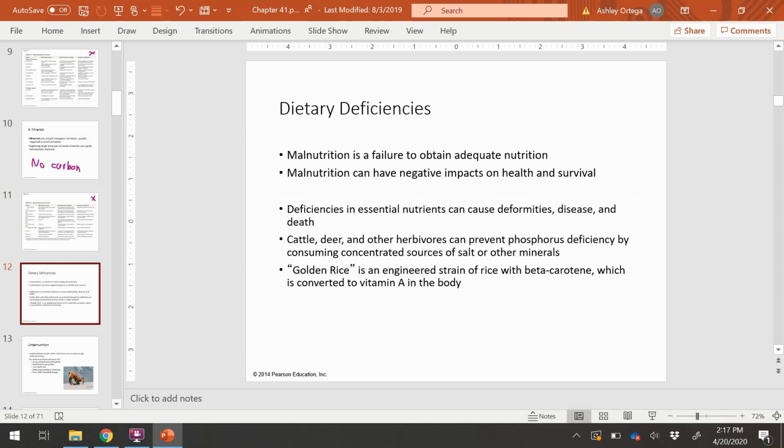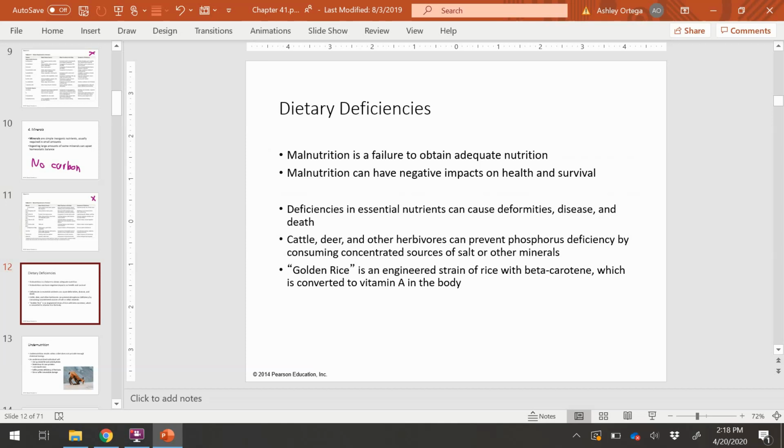We humans have tried to find different ways to get all the nutrients from our food sources, especially in those areas where the food sources are very limited. An example is golden rice, which is an engineered strain of rice to include beta carotene, which is converted to vitamin A in the body.